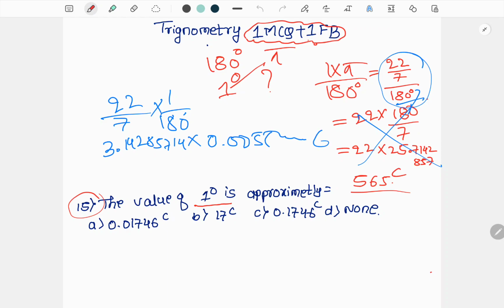So finally you will get 0.01746. So this is the required answer. If you know calculation, okay, otherwise note these two, then you can remember.